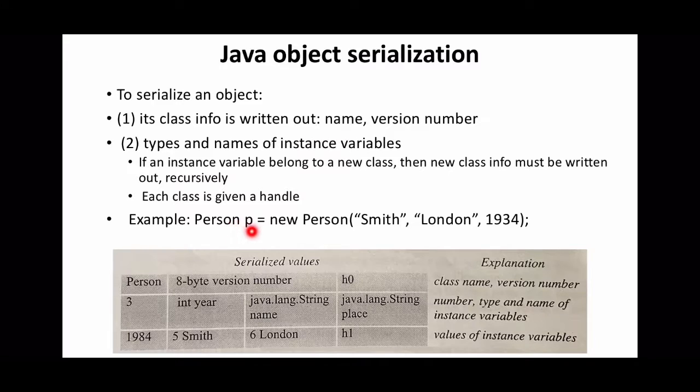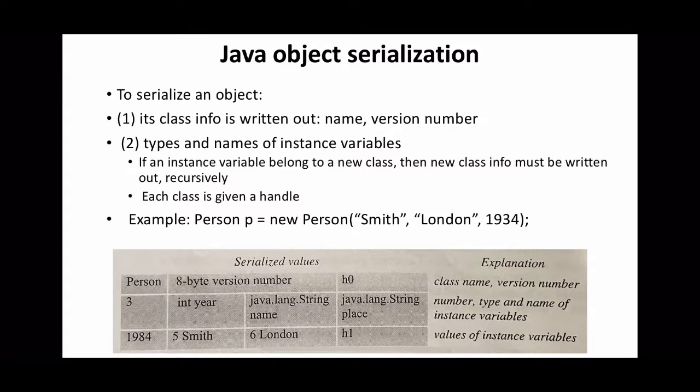An object P of class person with values Smith, London and 1934 is getting serialized. To serialize an object, the class information will be written out first: the class name, the version number, and each class will be given a handle. H0 is the handle given for the person class.